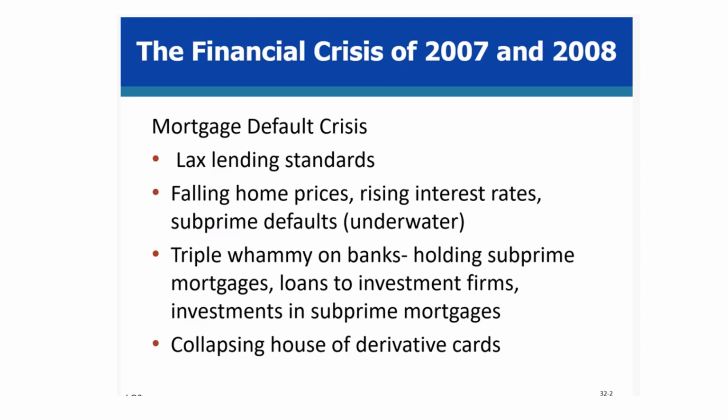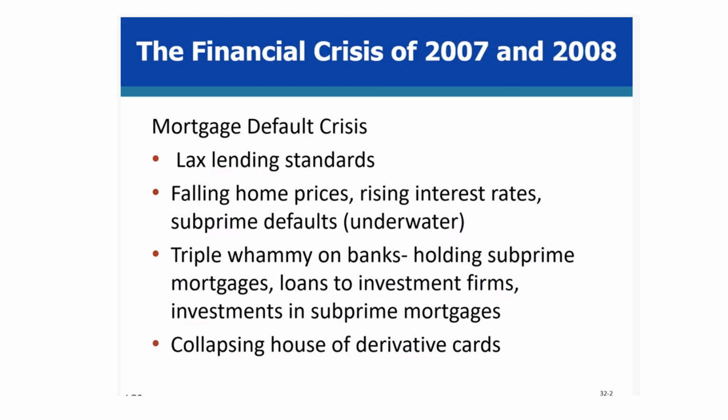Many other individuals who had borrowed copious amounts of money against houses realized that they were underwater on their loan. What does this mean? Mortgage balance $300,000, new market value of home $200,000.